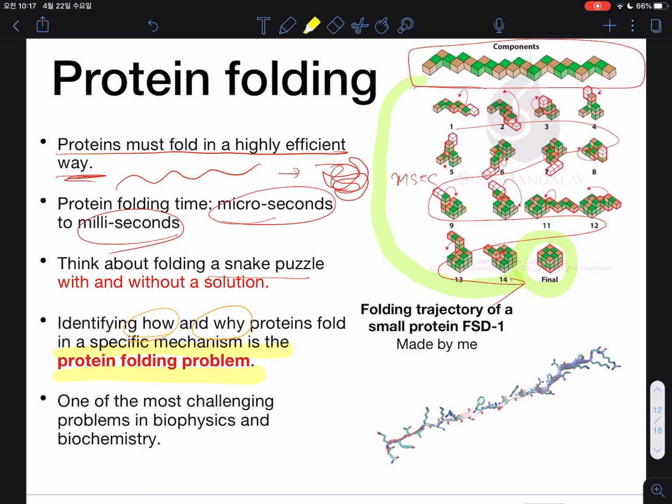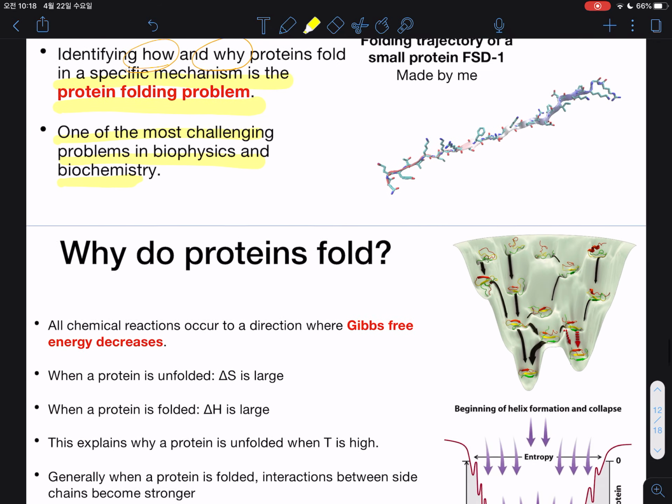This is one of the most challenging problems in biophysics and biochemistry. Still, many researchers all over the world are trying to understand the protein folding process: why proteins are folded in such a predetermined structure, and how they can be folded so fast.